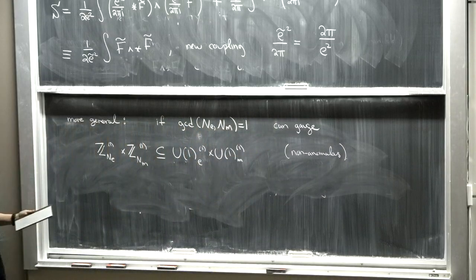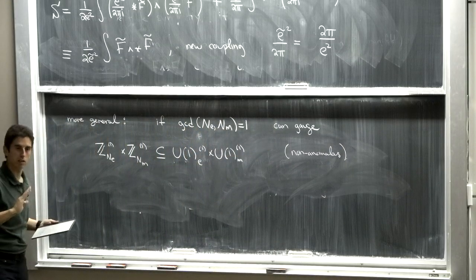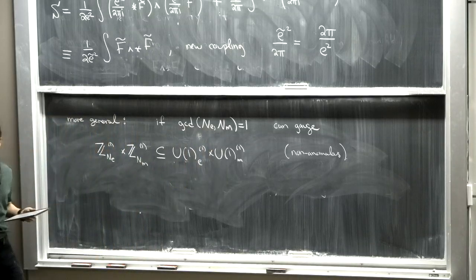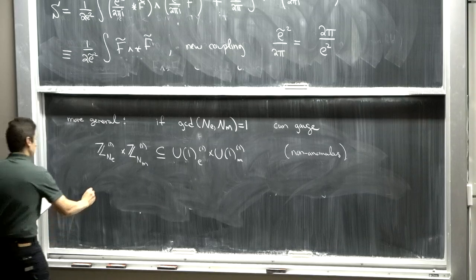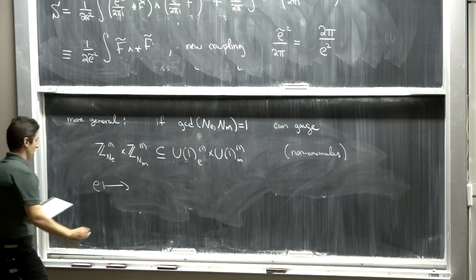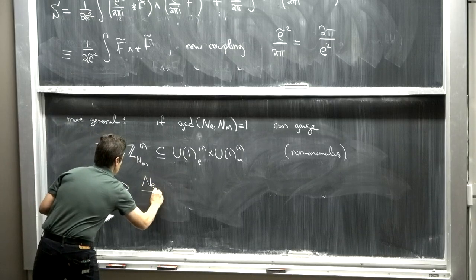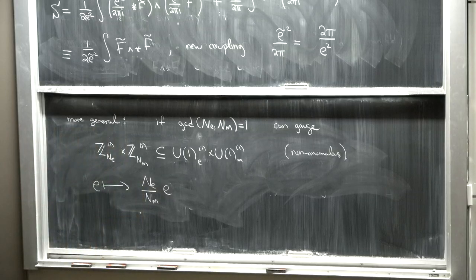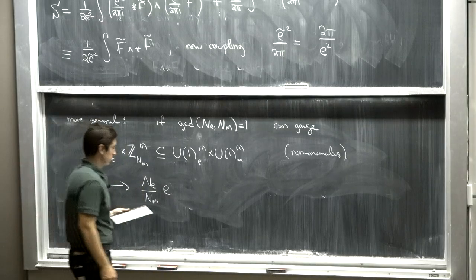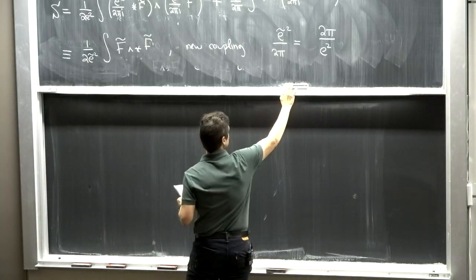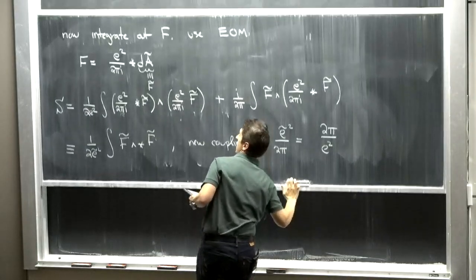You think there's a mixed anomaly, but if I restrict the fields to be discrete, appropriately enforcing some condition, then that mixed anomaly trivializes. And in this case, the map on the coupling is that e goes to N_E over N_M times e. This is the maximal subgroup, yes.